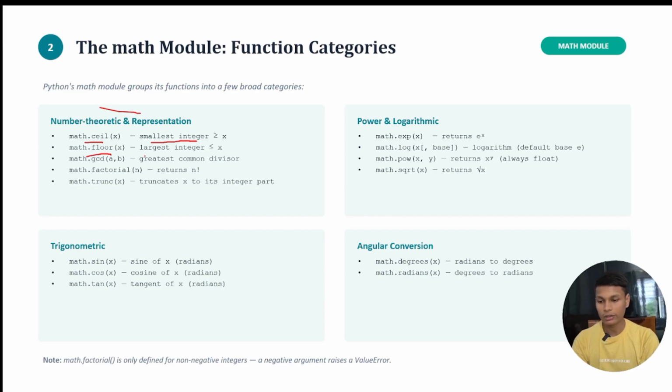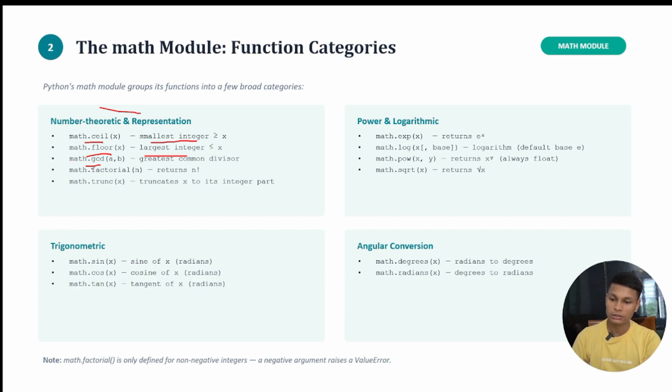Now here you can see what floor does. Floor gives you the largest integer. And GCD, you know what GCD is? GCD means greatest common divisor, which is HCF, highest common factor; you can say any of them.